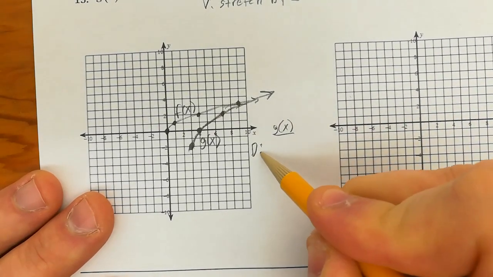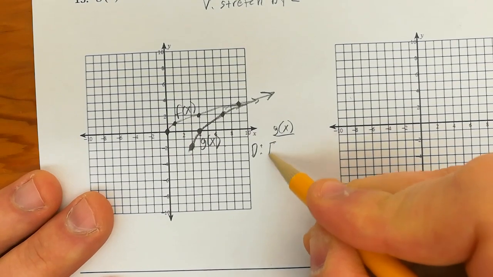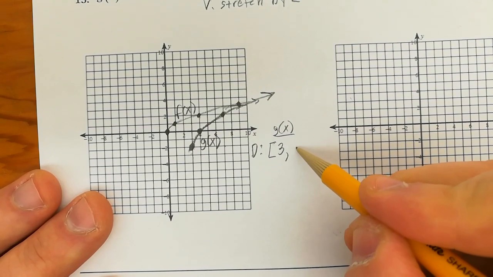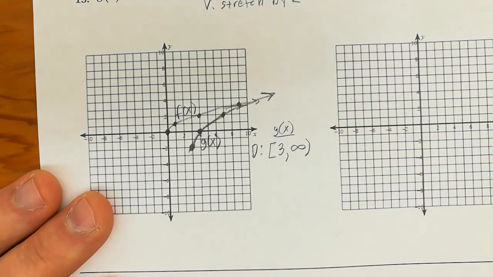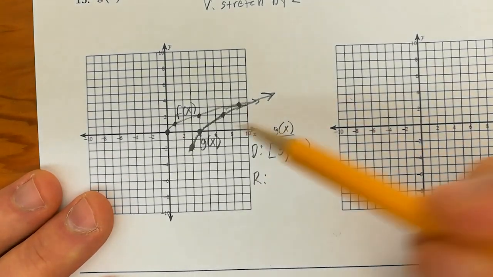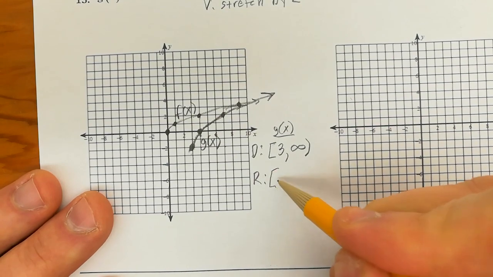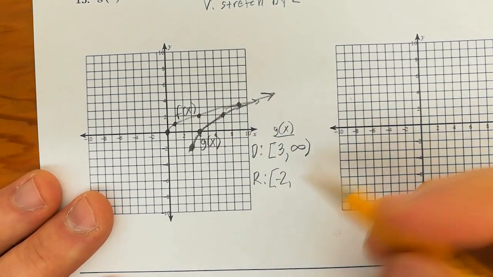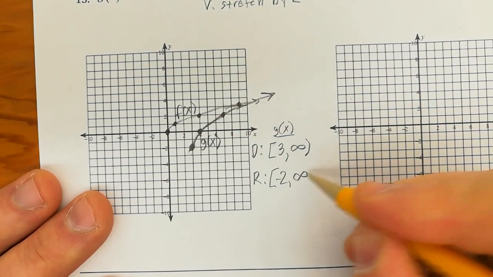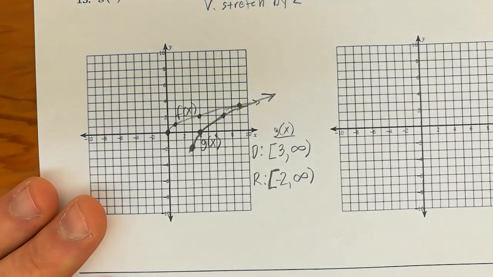Well, it starts at an x value of 3, and it does actually hit 3, and that keeps going to the right forever. So it'd be [3, infinity), using interval notation. And then the range, well, the lowest value on it is -2. And then again, it goes up forever. It's not like heading straight up, but it is going to inch up forever. So that's what the range looks like.